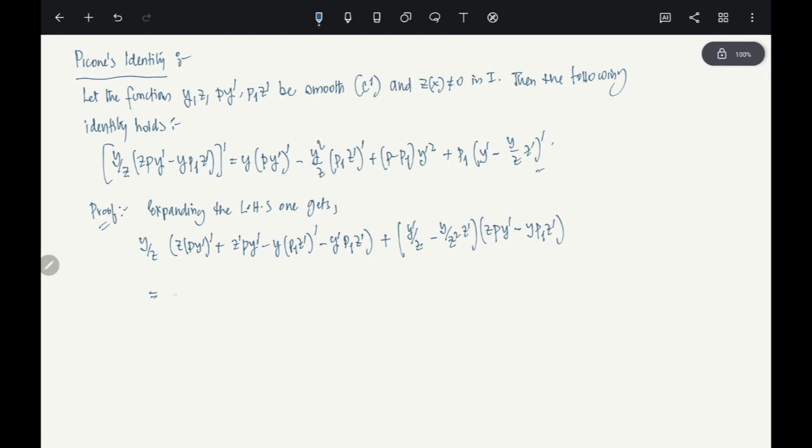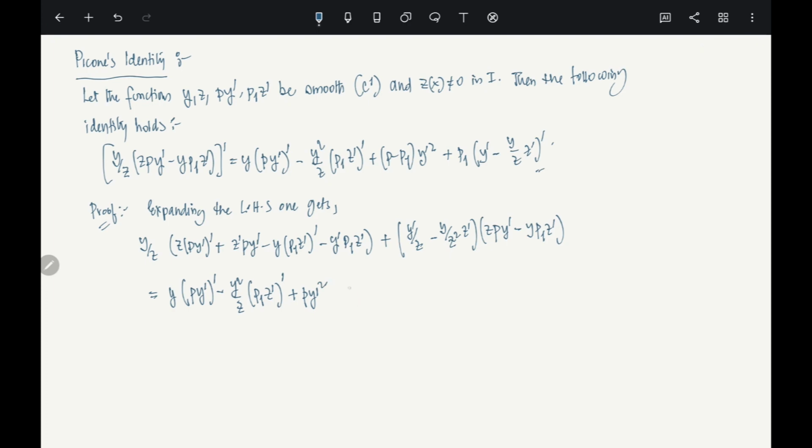Now see, this is nothing but y p y prime whole prime minus y square by z p1 z prime whole prime, right? Plus p y prime square, and one second, let me just check it is okay, right?